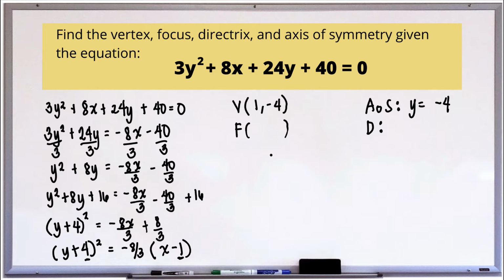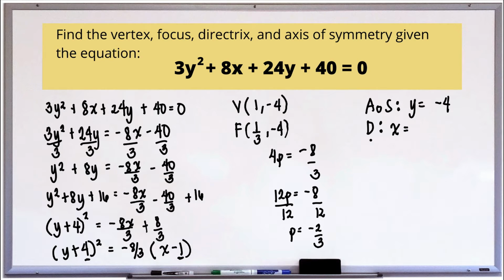So to solve for p, we have 4p equals negative 8 over 3 until we get p equals negative 2 over 3. As I mentioned earlier, we will add this to the x-coordinate so that we'll have 1/3, then copy the y-coordinate, negative 4.